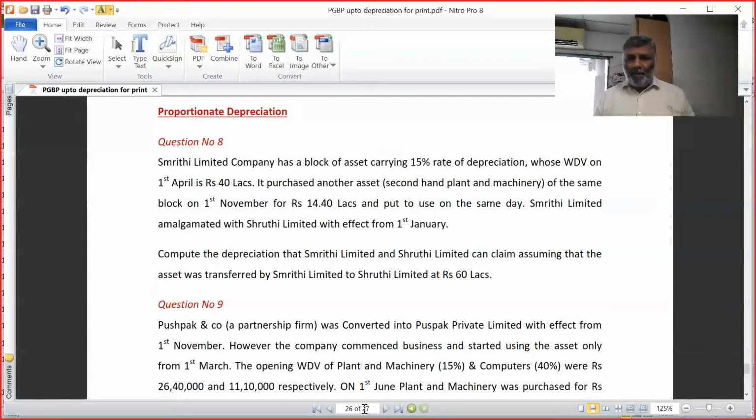First thing to answer, a lot of things to understand. This is not possible under income tax law. Section 43 tells us the transferee can record the asset in their books at whatever value is prevailing in the books of the transferor entity. So the 60 lakhs is not possible. In your books of accounts, it would have been different, but for income tax law purposes, it cannot be so.